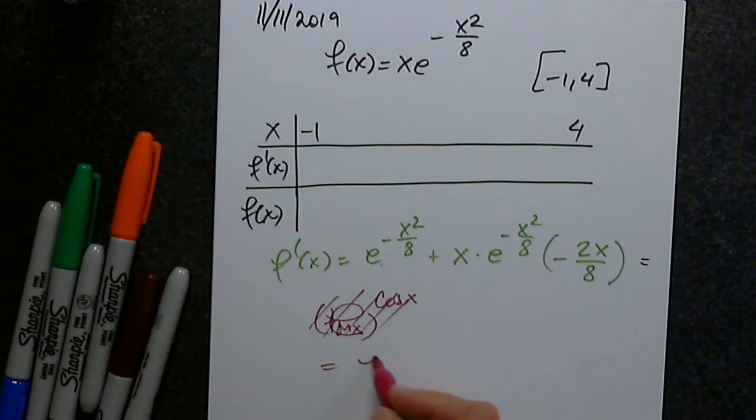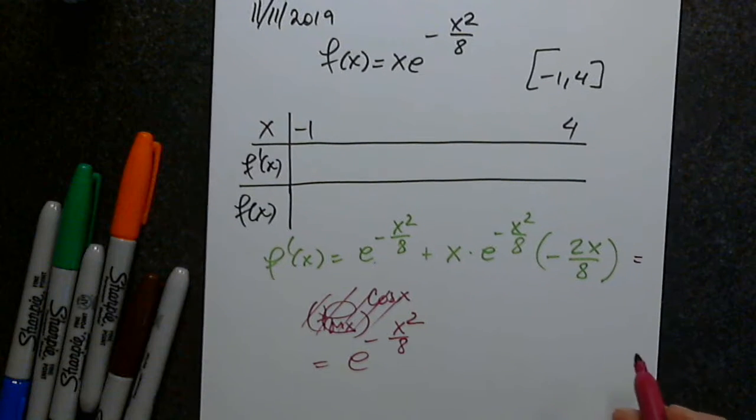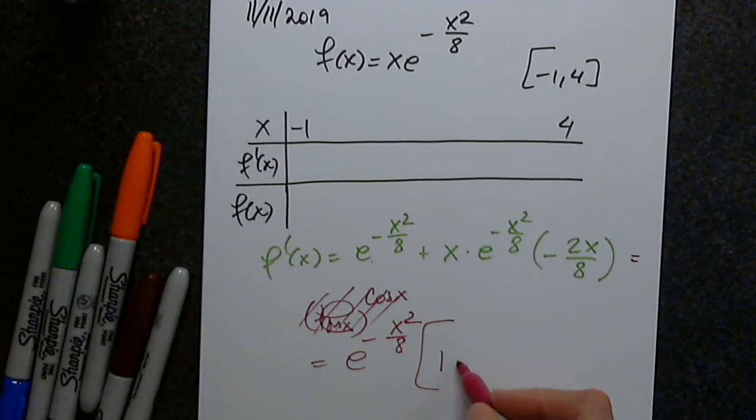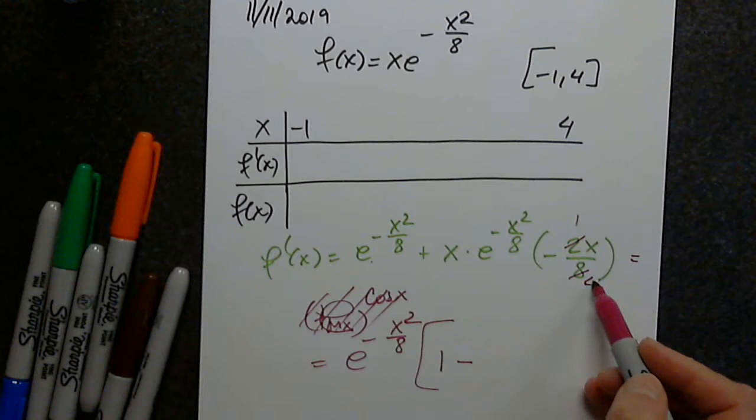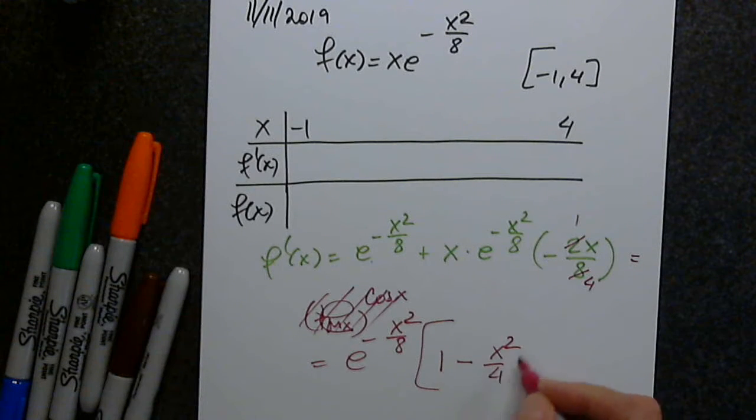So then I will definitely factor out e to negative x squared over 8. I will have 1, but minus, I will simplify, and I will get x squared over 4. Please tell me if this is okay so far. Yes?